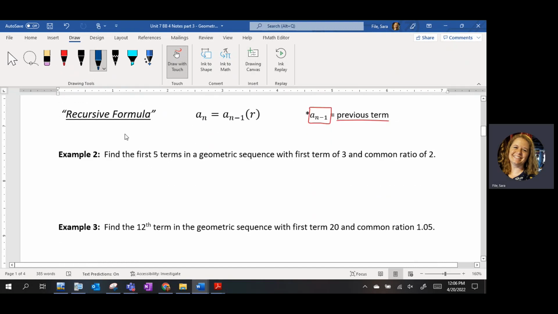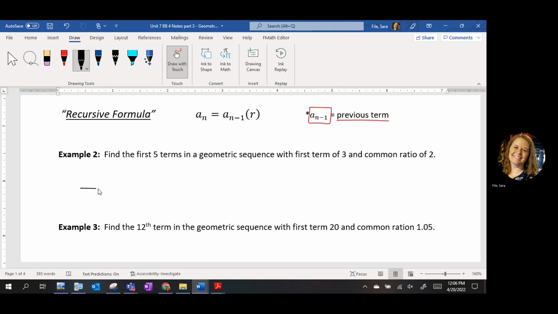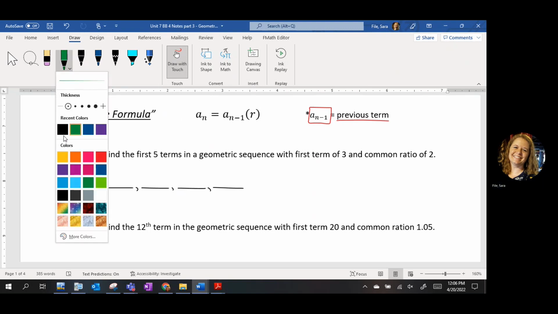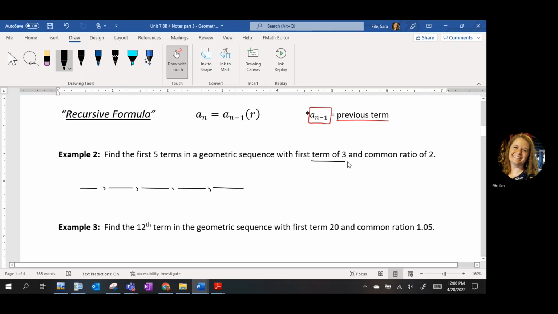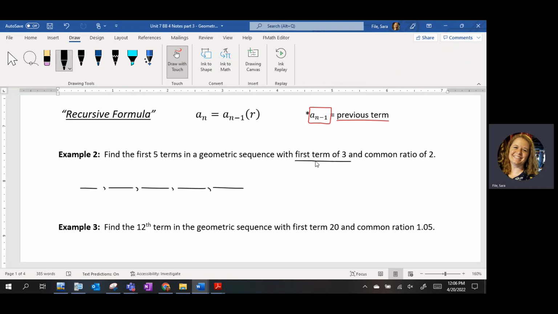So in example 2, they want the first 5 terms of a geometric sequence whose first term is 3, so that's a sub 1 is 3, and whose common ratio is 2, so that's r.